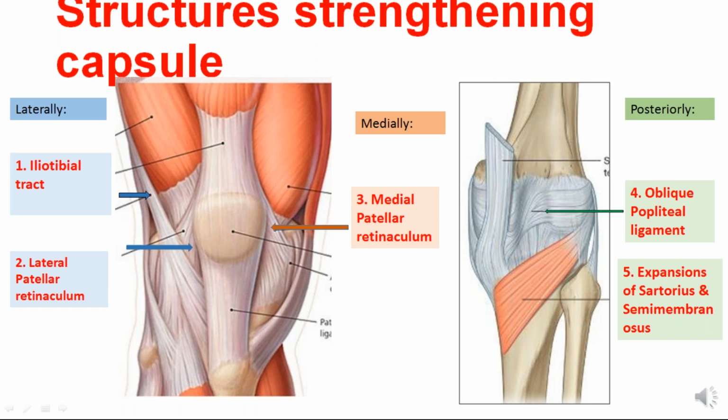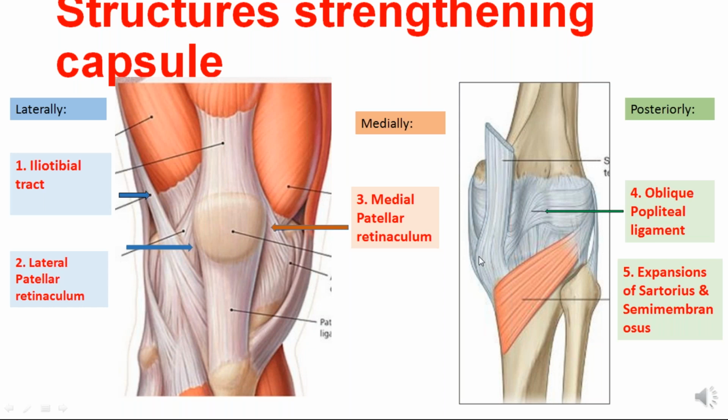The extension from the vastus medialis to the ligamentum patellae, the medial patellar retinaculum, also goes towards the capsule and strengthens it from the medial side. The semimembranosus tendon also sends some fibers posteriorly, which fuse with the capsule. This is called the oblique popliteal ligament. This also strengthens the capsule along with expansions from the sartorius.